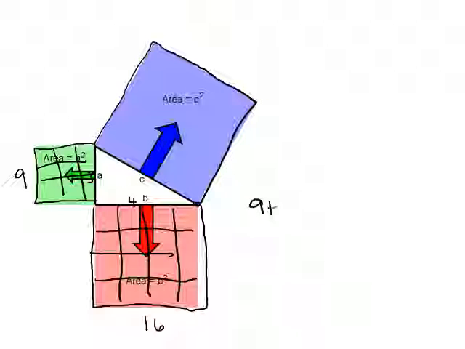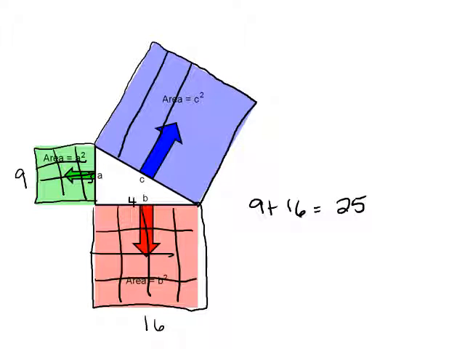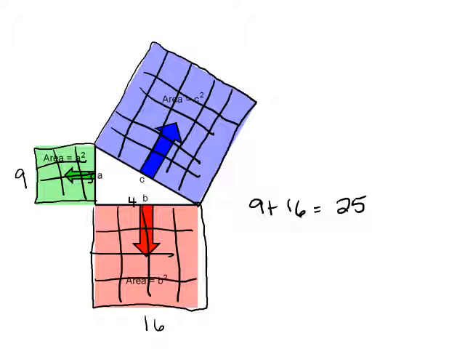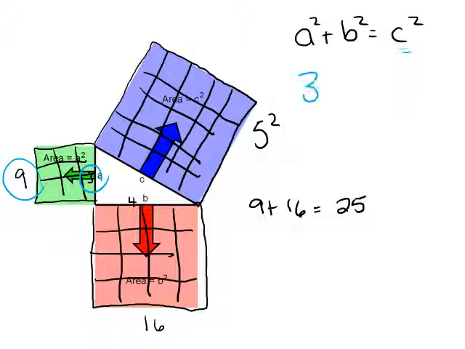So 9 plus 16 is 25, and that we know is 5 squared. So a squared plus b squared equals c squared. Remember that c is always our longest side, that's always the hypotenuse. And we said A was, the side was 3, and B was 4, and our hypotenuse ended up being 5.